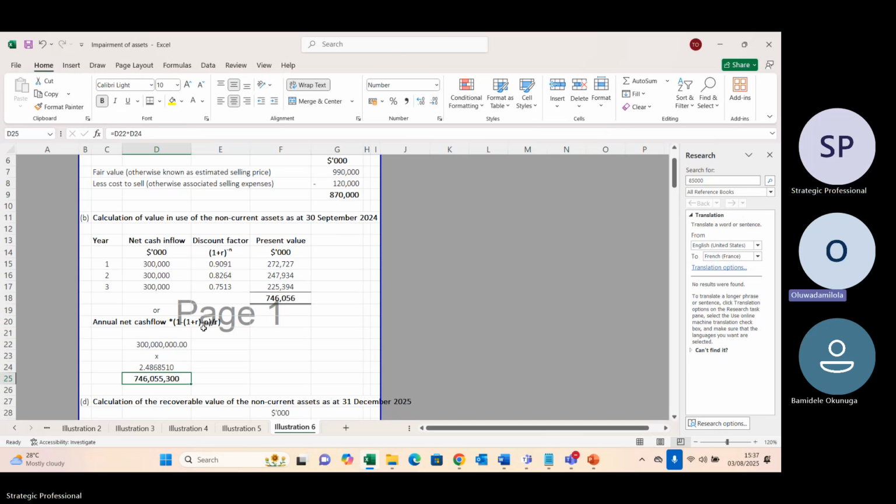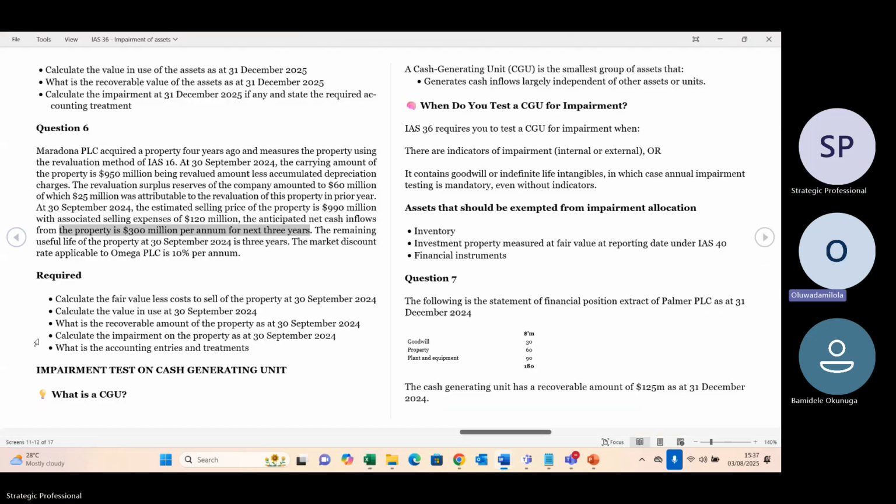Yes, sir. It's probably due to approximation. Yes, so it's very close.